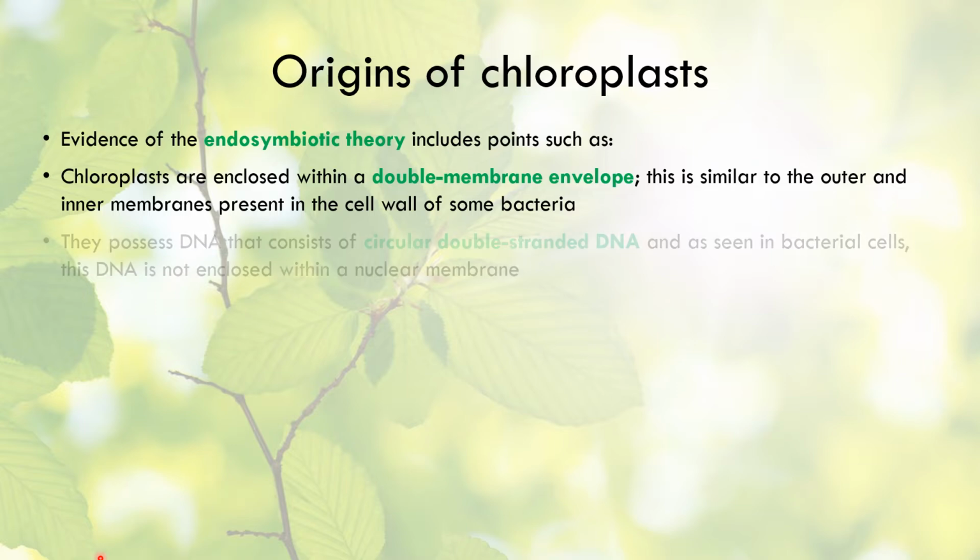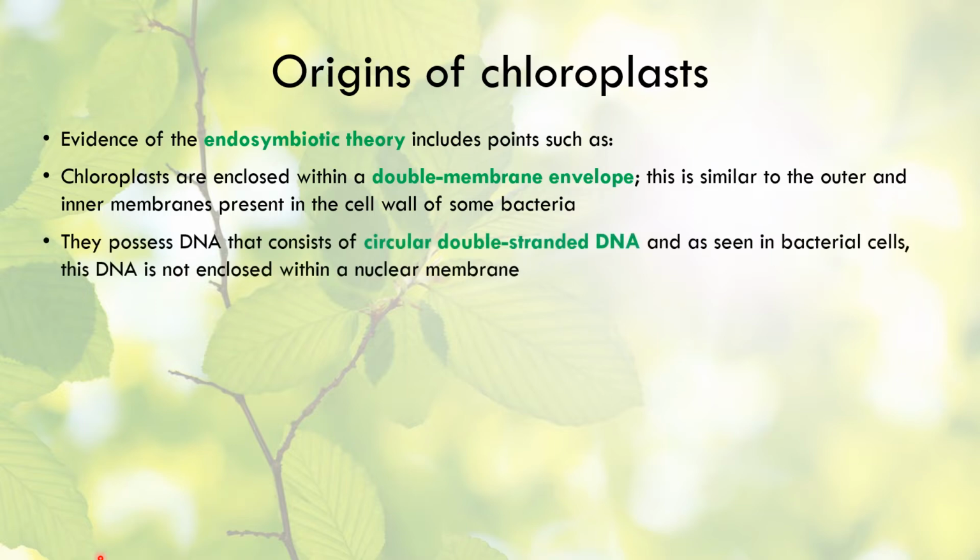It shows us that as it was engulfed, another membrane formed around it. So we have the first membrane of the actual chloroplast and then a second membrane, which could have been from the cell that engulfed it, forming around it. So it forms this double membrane.